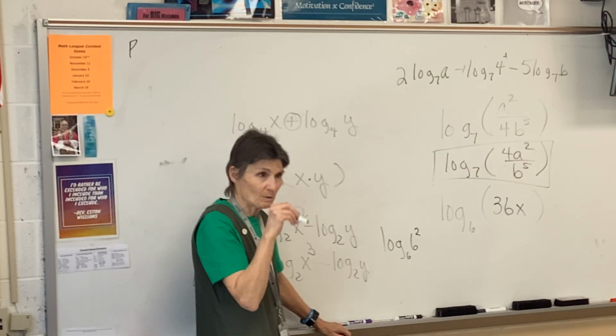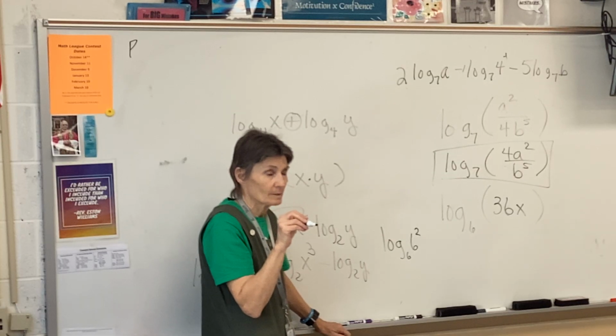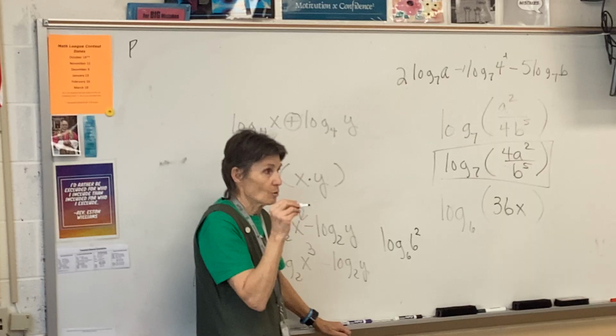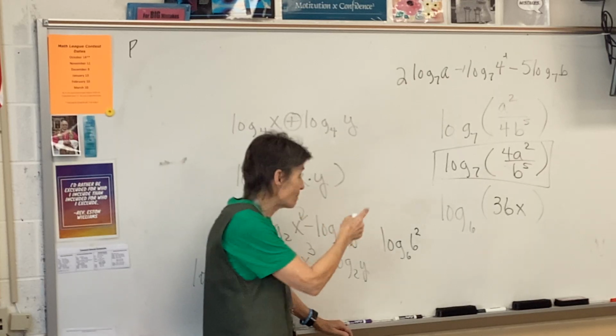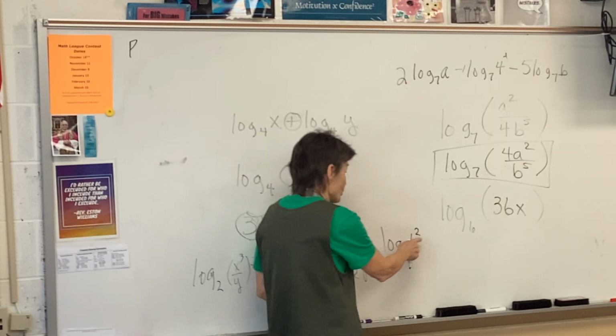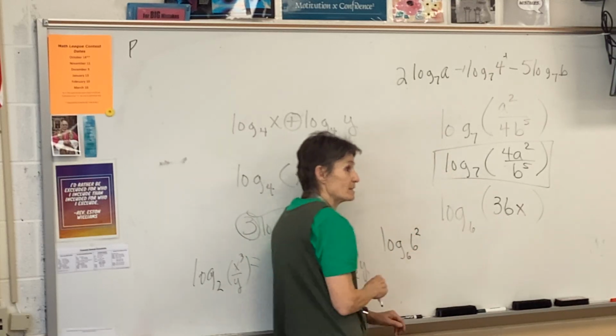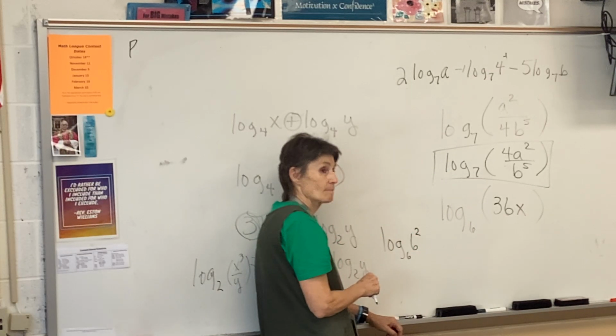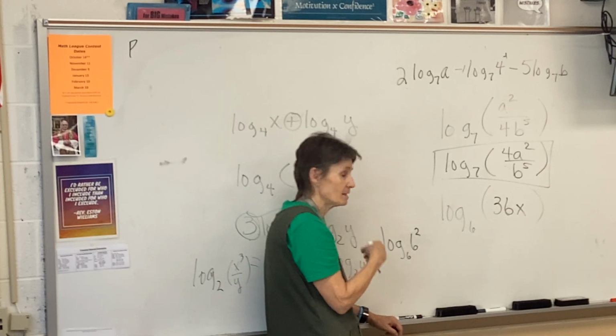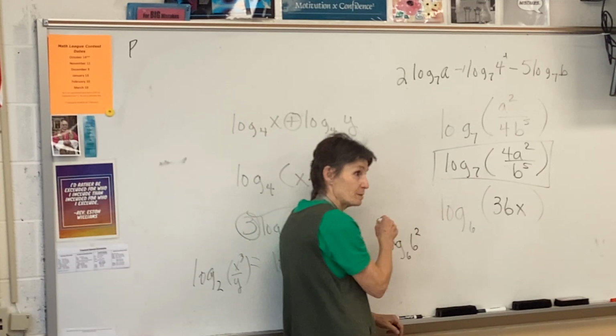Any number can be rewritten as a logarithm. So in this case, I need base 6 to match the whole problem. So 2 is the log base 6 of 6 squared. That's where you have the 36. If it had been a 3, it would be the log base 6 of 6 cubed.